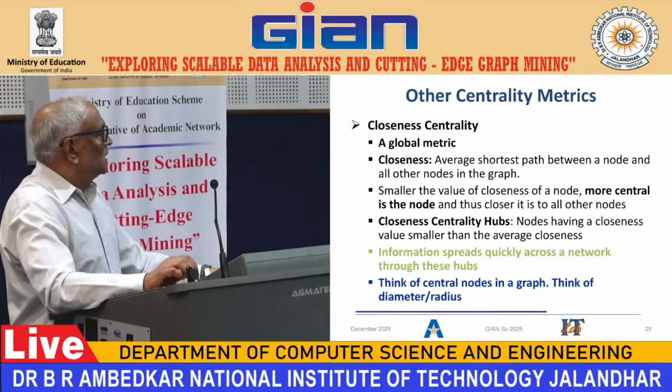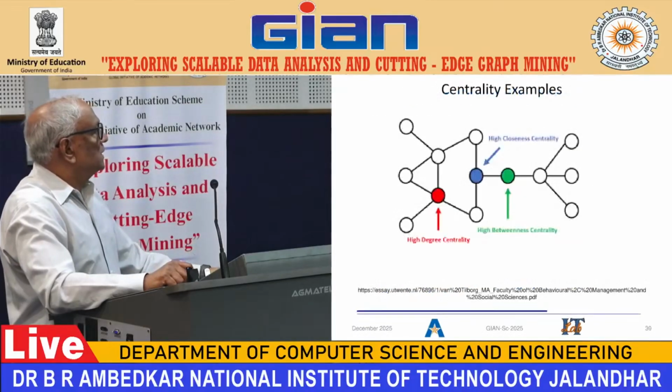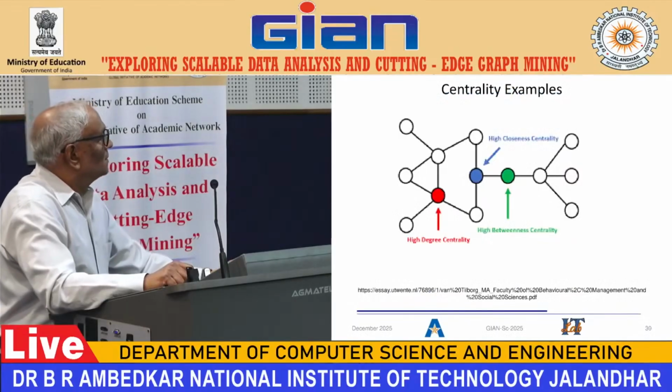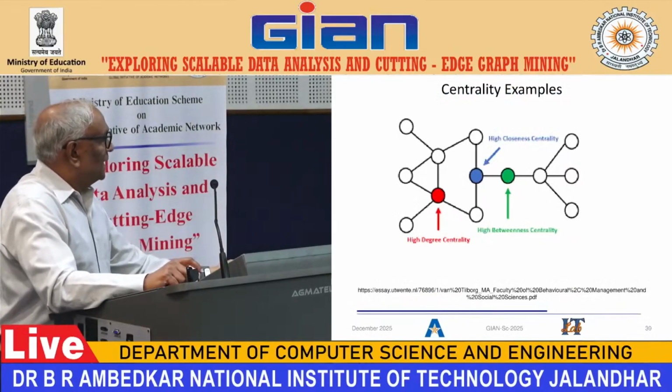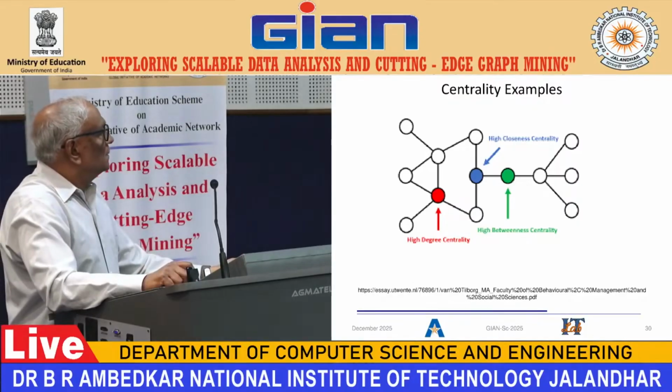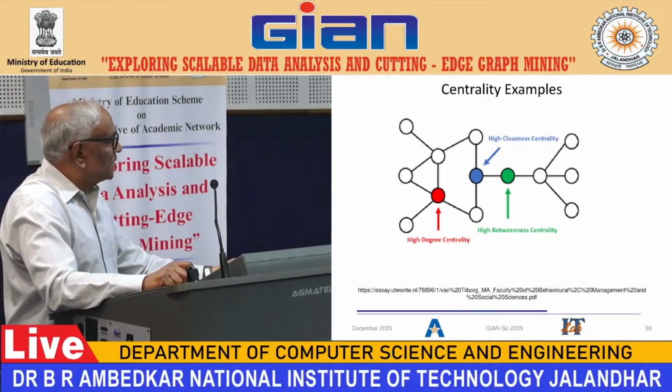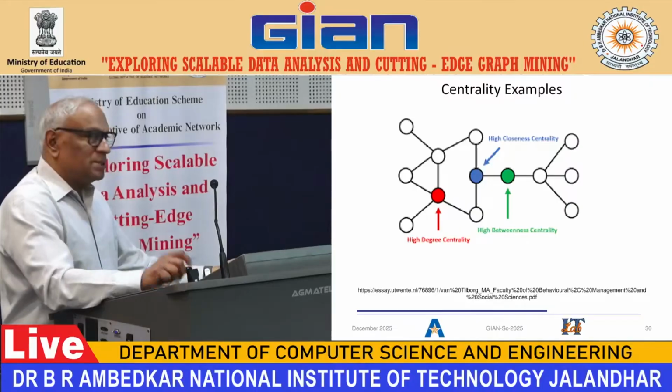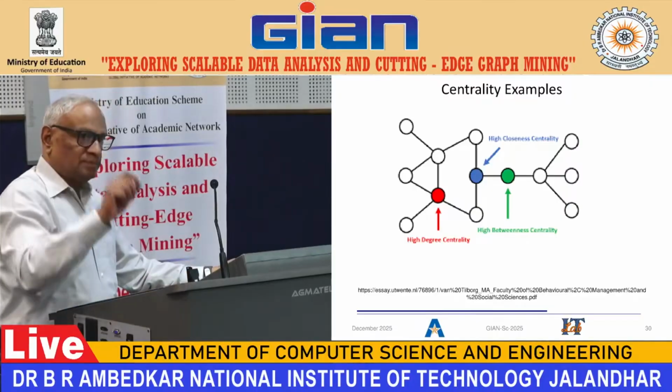Think of central nodes in a graph, think of diameter and radius. So here is an example of 3 things. High degree: 1, 2, 3, 4. Betweenness: you can see this is a bridge node. And this happens to be the closeness graph because this is in the center of the graph.